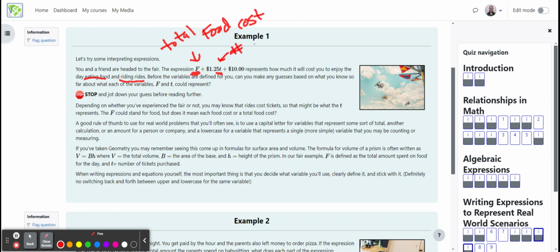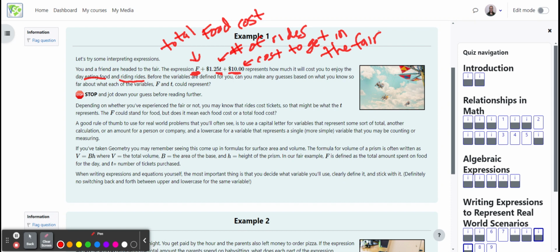So little t would be the number of rides. And then my $10 would be the cost to get in the park, or the cost to get in the fair. All right, so that's how we would break that down.